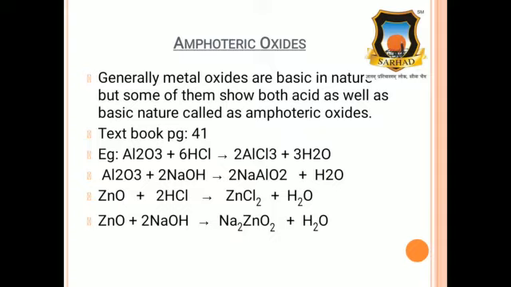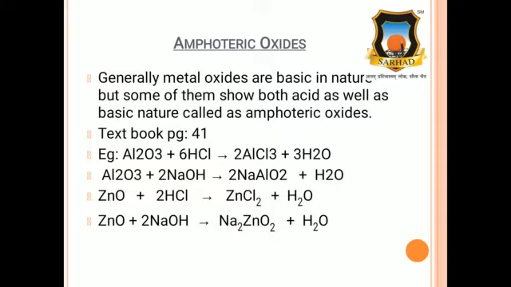I have given you two examples here, zinc oxide and aluminium oxide. Aluminium oxide's reaction is given in your textbook. The zinc oxide reaction is not given in the textbook, but it can be used, if you want you can use it from here also. Okay, so you can see here what the reaction is.